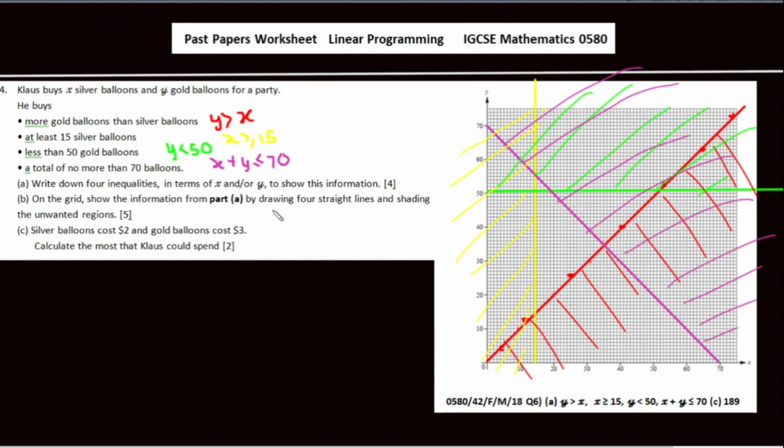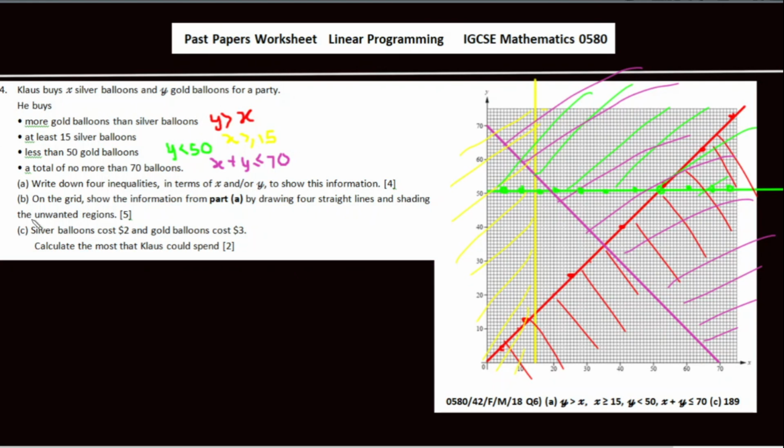The green line was also supposed to be a dotted line because it's just less than and not less than or equal to. So this will be a dotted line here. Dotted line means that on the boundary you are not allowed to take values on the dotted lines, but you're allowed to take the values on the solid lines.